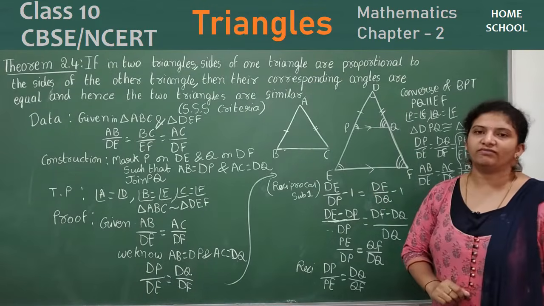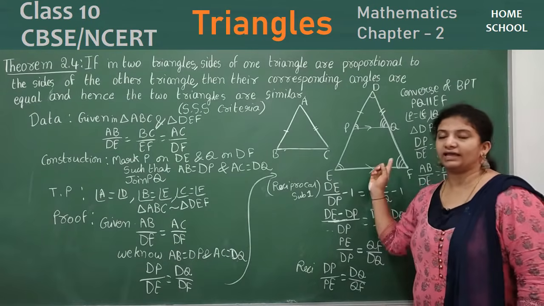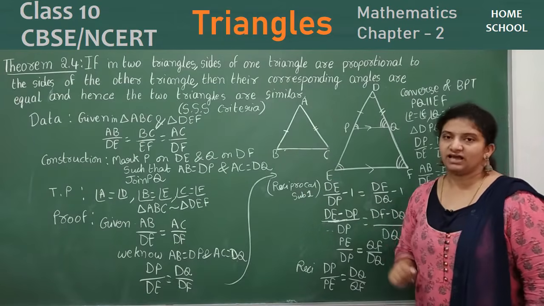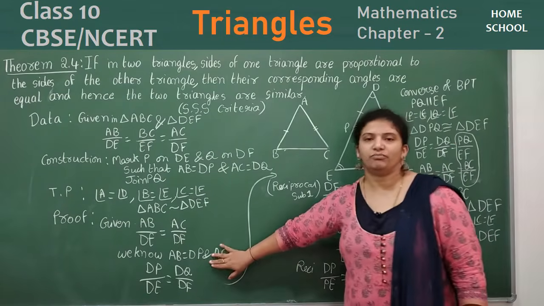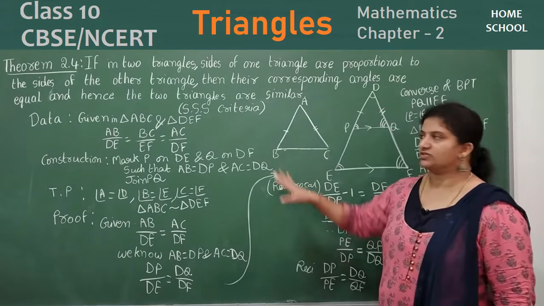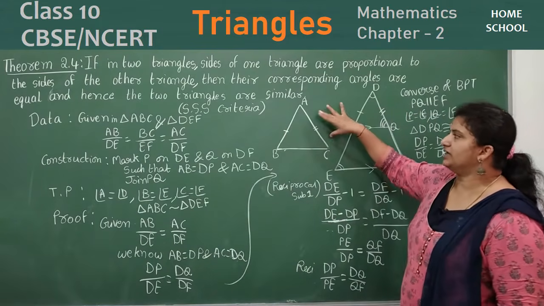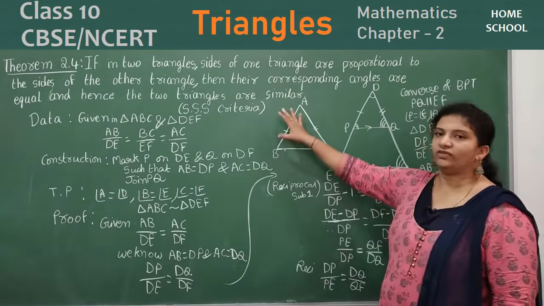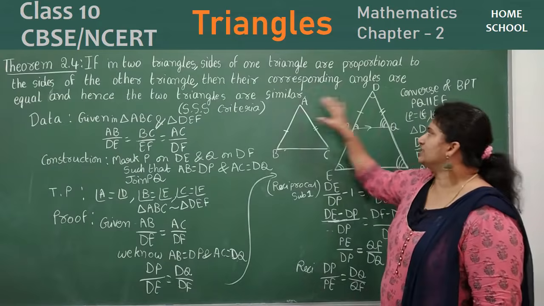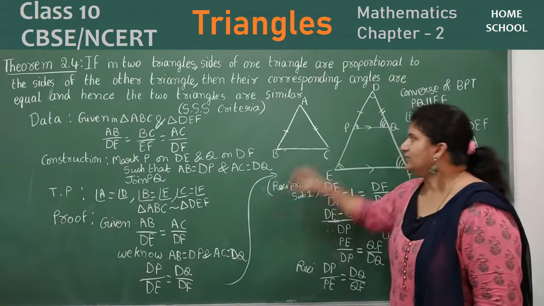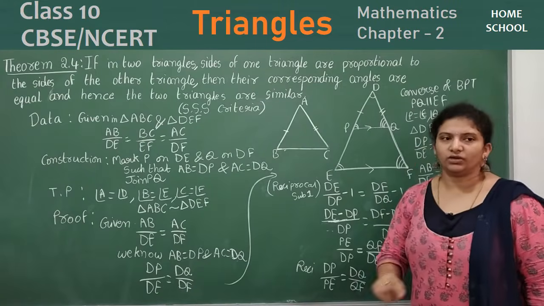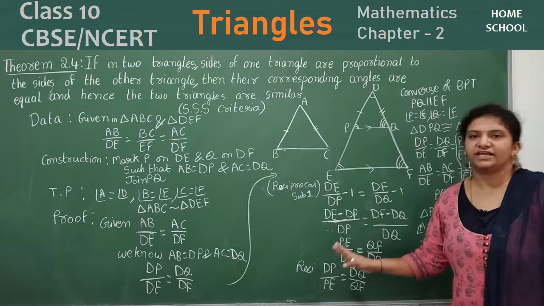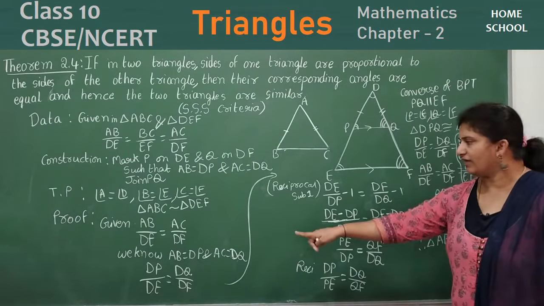So next, we need to prove that these two triangles' angles are equal. Then we can say the two triangles are similar. We started our proof by taking any two ratios. I have taken AB by DE is equal to AC by DF. We know AB is also equal to DP and AC is equal to DQ. Instead of this ratio, you can change the ratio. Then these ratios are equal, we have equated.